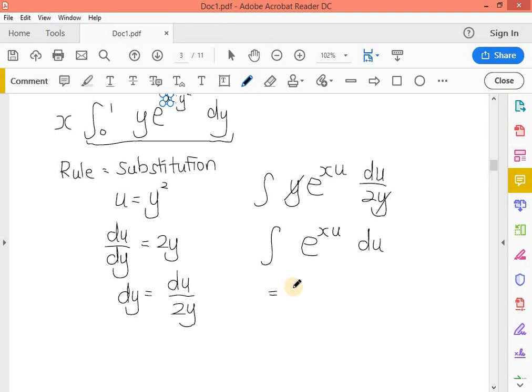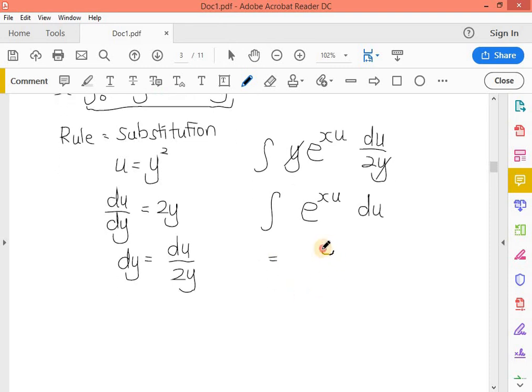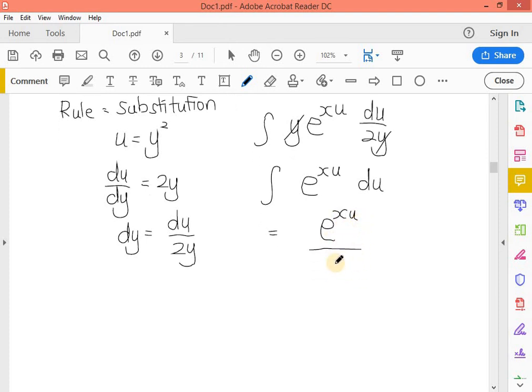Okay, so you can perform the integration easily and your answer will be equal to exponential xu divided by x. Don't be confused, because this one you want to integrate with respect to u. That's why x is your constant, so you have to keep it here.